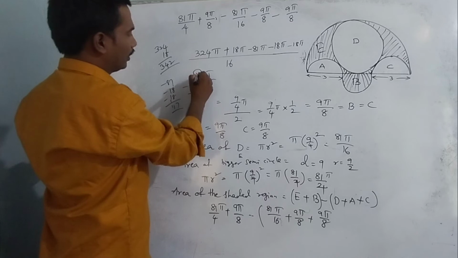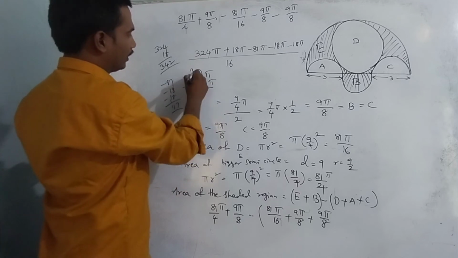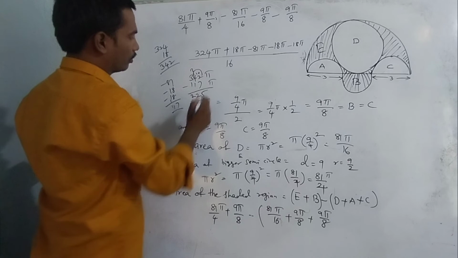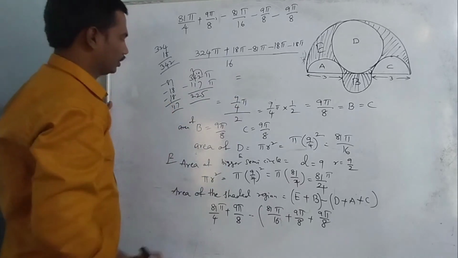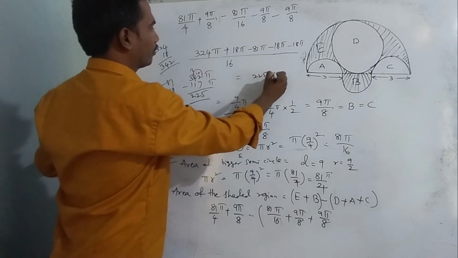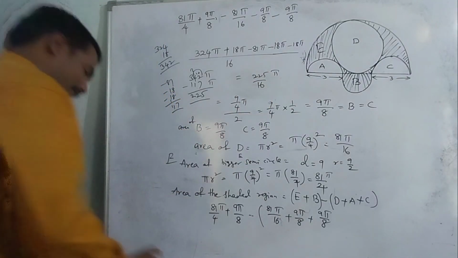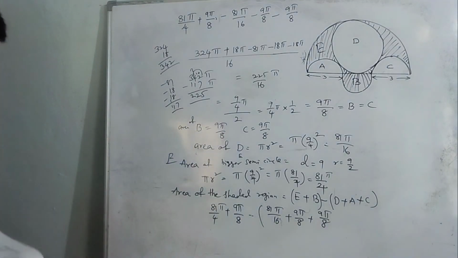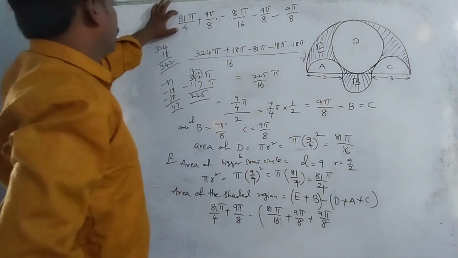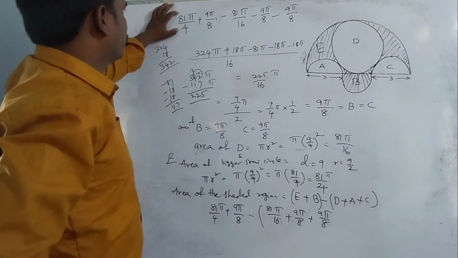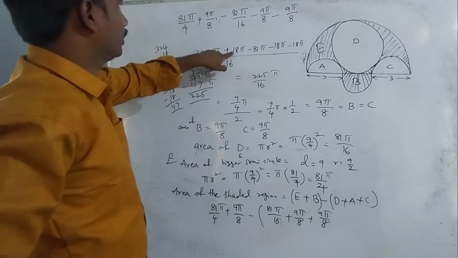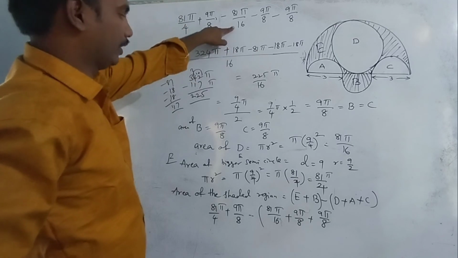Finally the answer is 225 pi by 16. Here 81 4s are 324 plus 9 2s are 18.